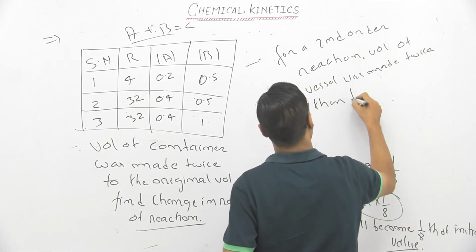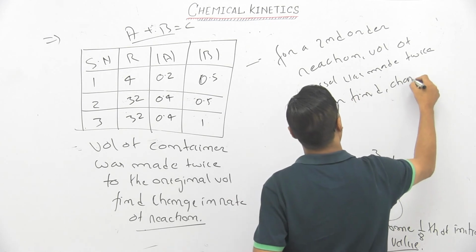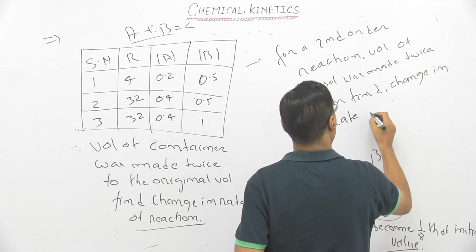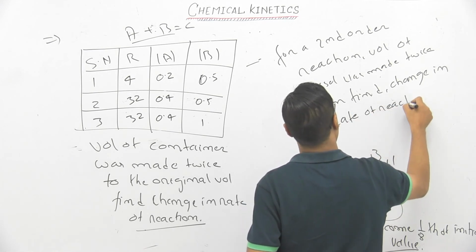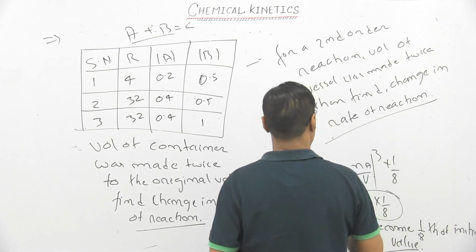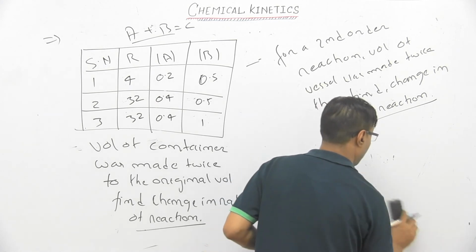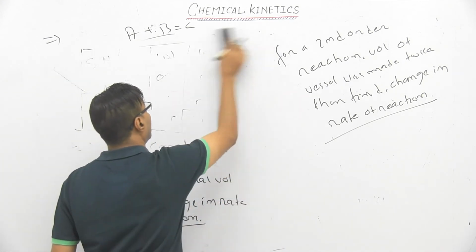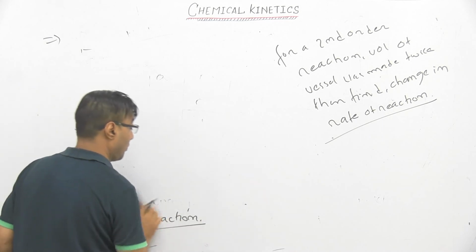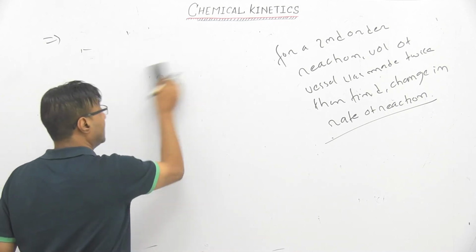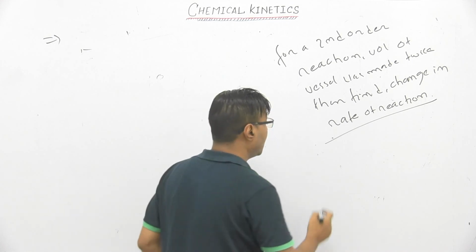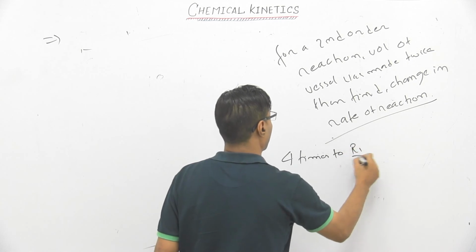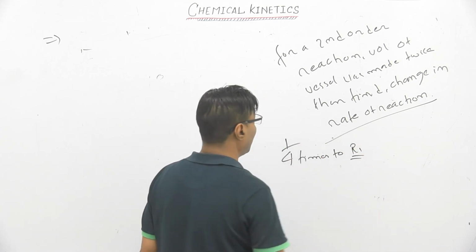Then find the change in rate of reaction. In that case, what will be the answer? The answer is 1 by 4 times R1.